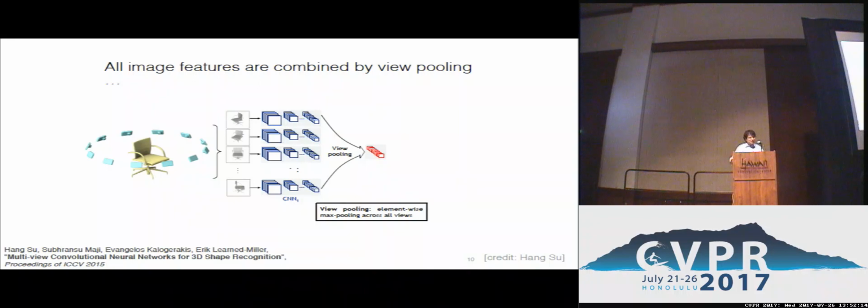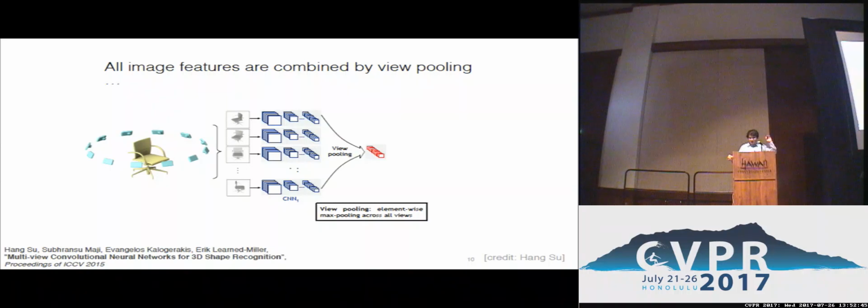So what we do is introduce a special layer that we call the view pooling layer, and what it does is the following. Let's say that the first feature map, the first filter in this Conv5, encodes the chairness of the image. It's not necessarily chairness, it could be really anything, but we have seen that image-based architectures, when they are trained, are sensitive to particular parts or objects in the input image, like dog faces, cats, chairs, legs, and so on.